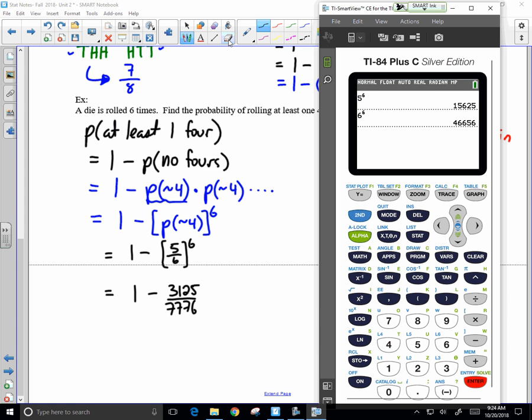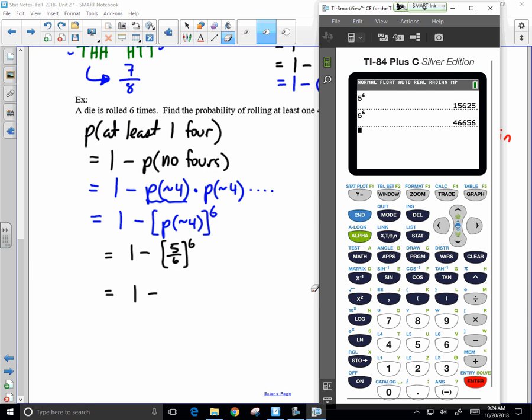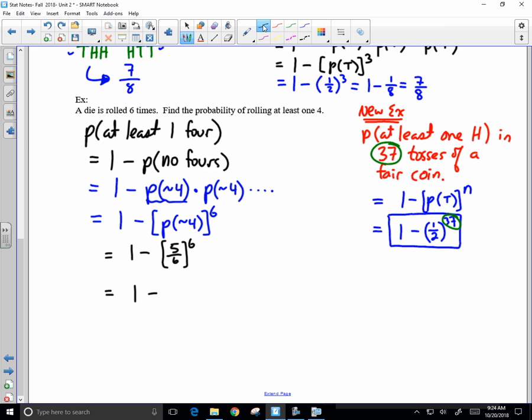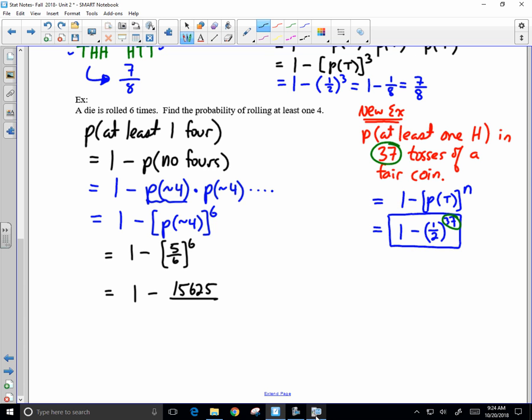Yeah, not even in the right neighborhood. That's 15,625, and then 46,656.